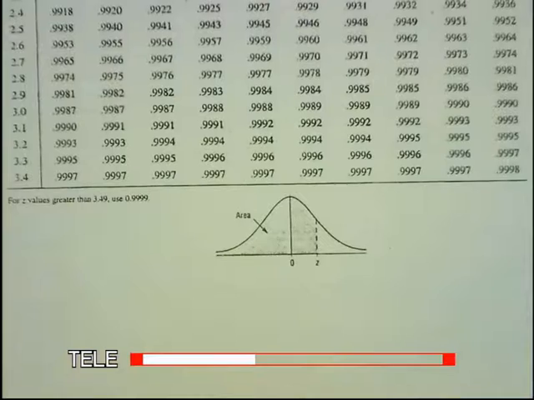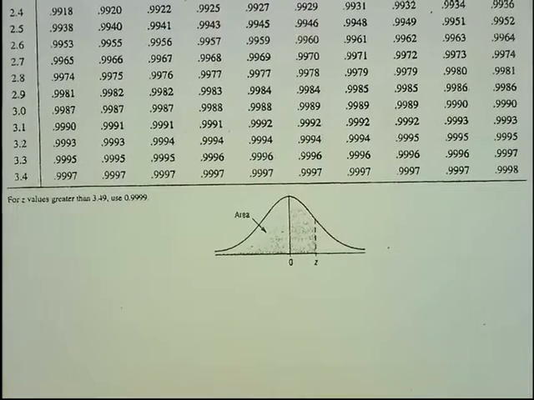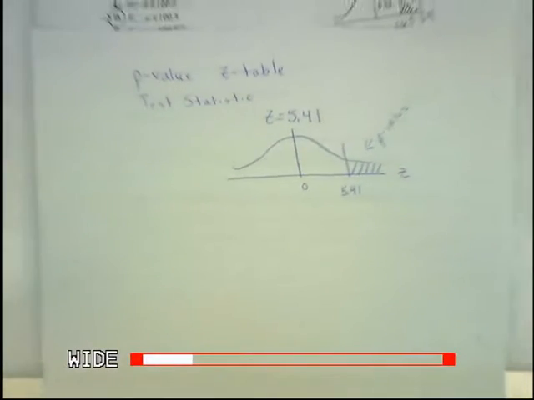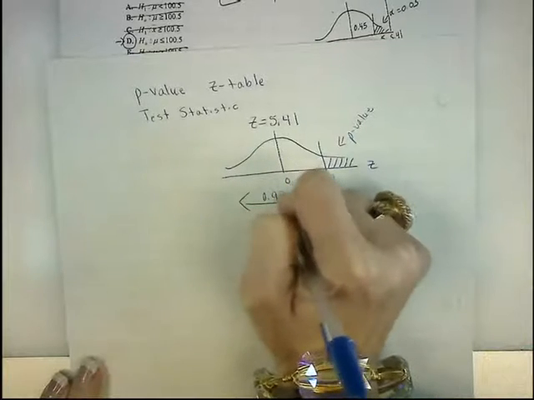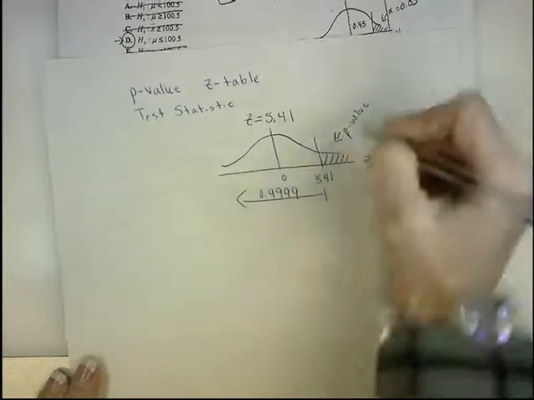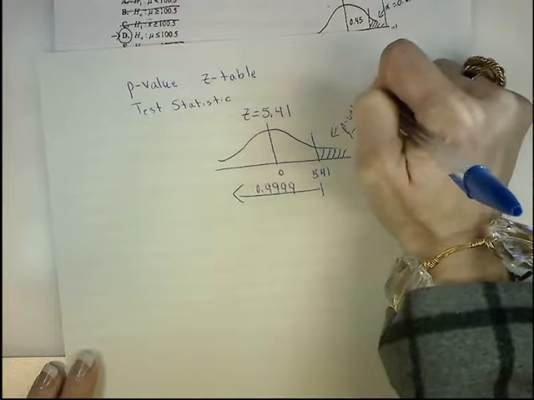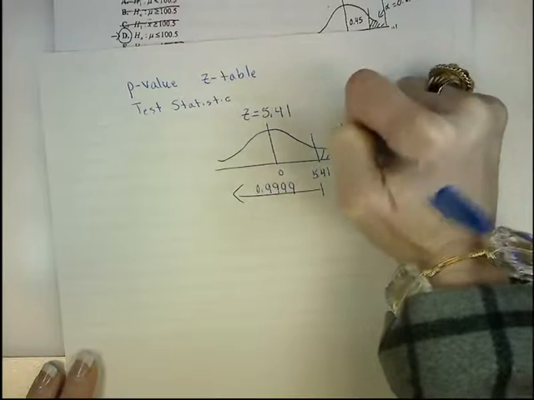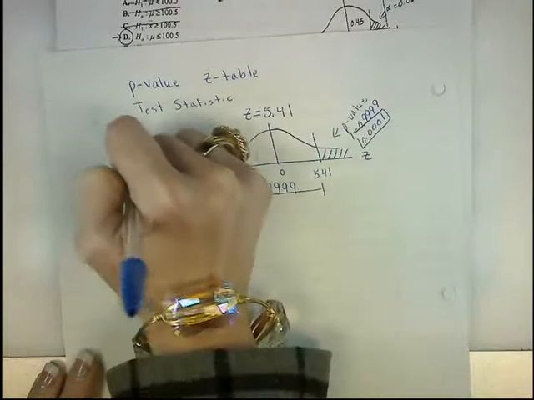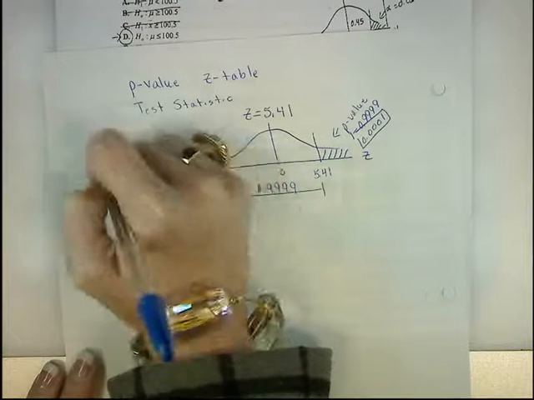So the area below 5.41, we're going to use 0.9999. That is this area. That means the p-value is 1 minus 0.9999, which is 0.0001. Therefore, the p-value for this problem is 0.0001 by hand.